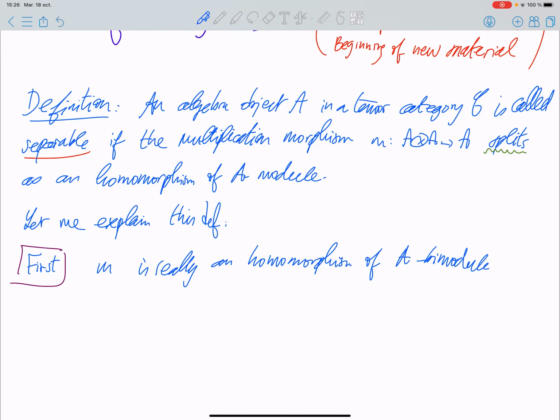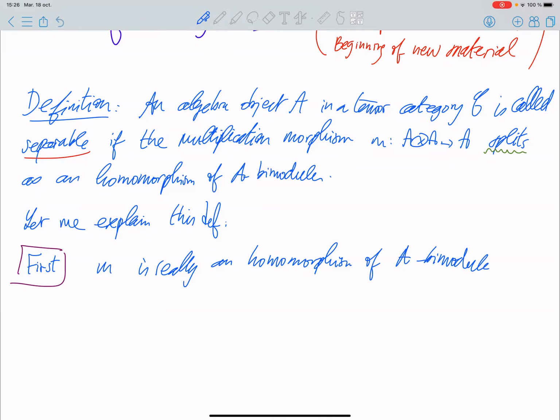Okay. So yeah, it's bimodule. I have a mistake in my note. So here it should be bimodule, as a homomorphism of bimodules, which is coherent with what I said.